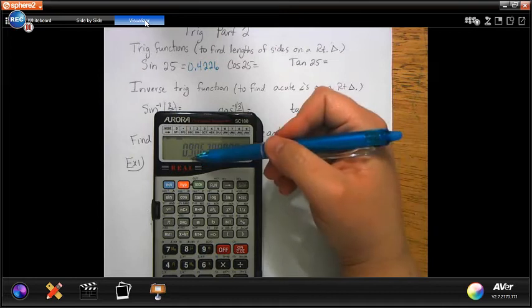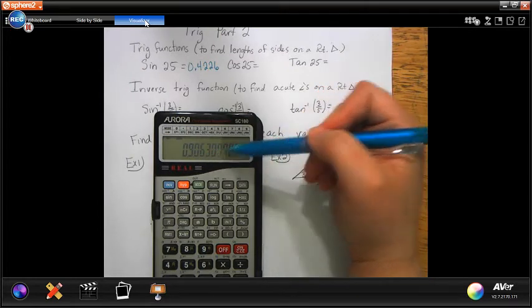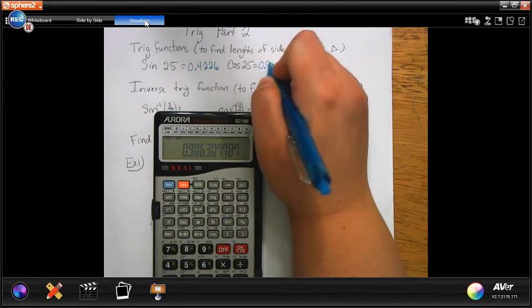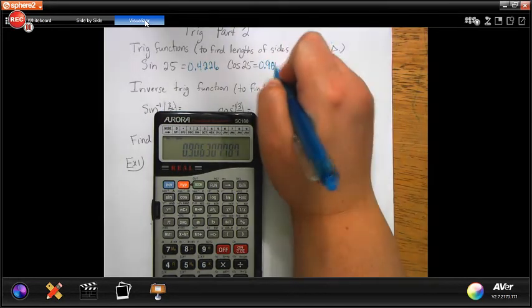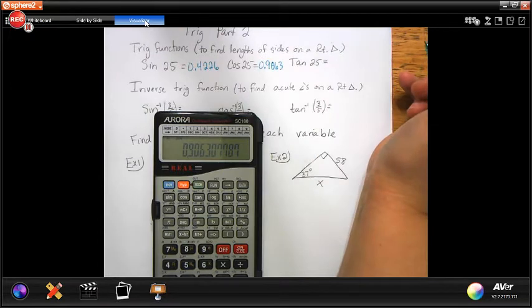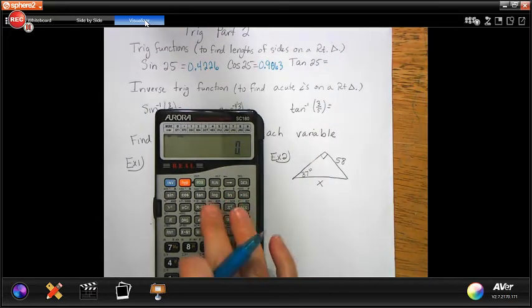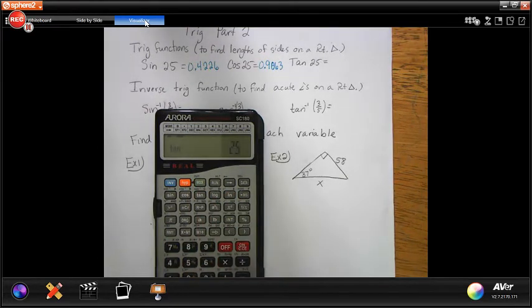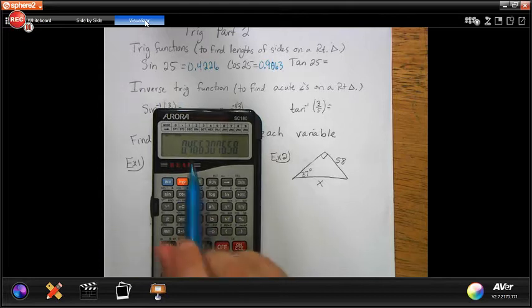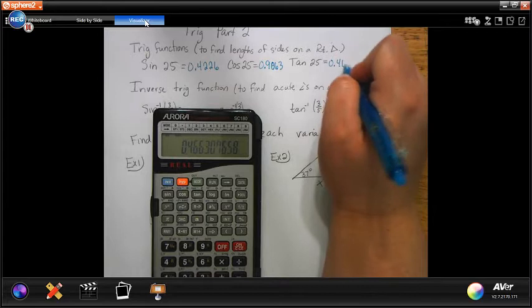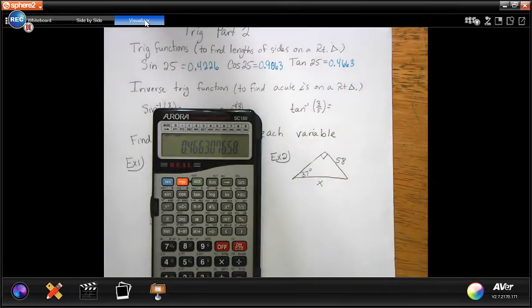It's 0.90630, so the 3 stays a 3: 0.9063. And then tangent of 25, so tangent 25 or 25 tangent, depending on your calculator, 0.46630.